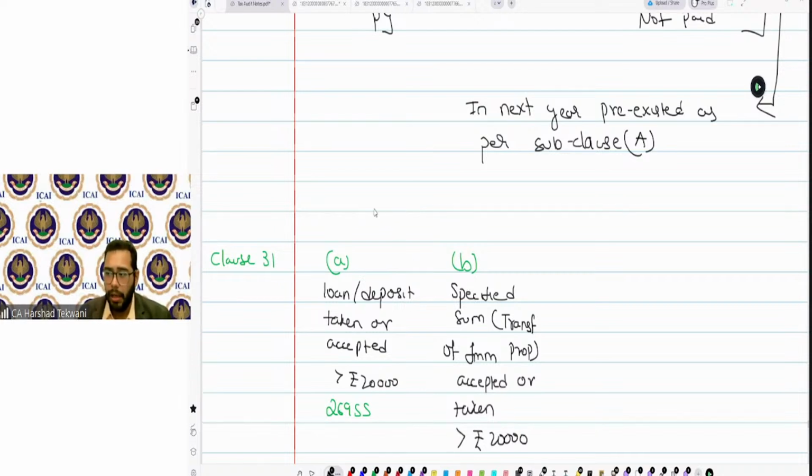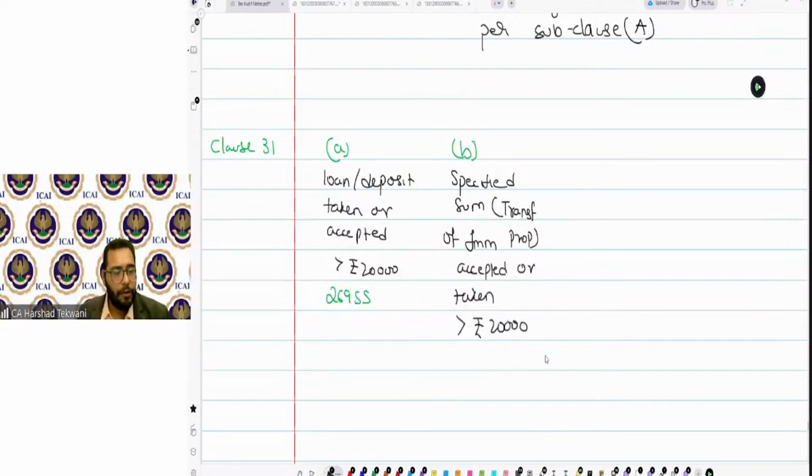Again, specified sum with respect to the limit of 269SS. So the limit is coming from 269SS.